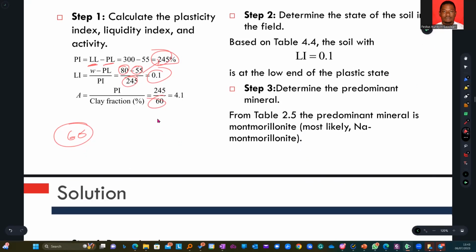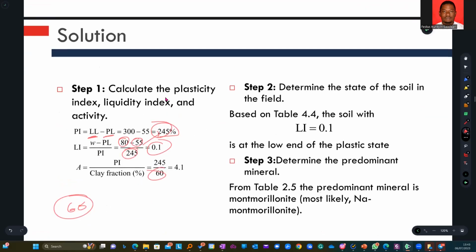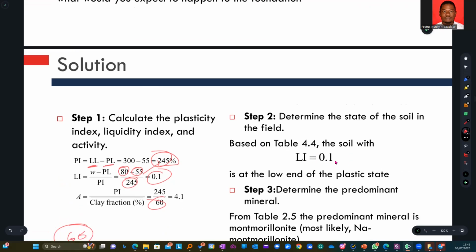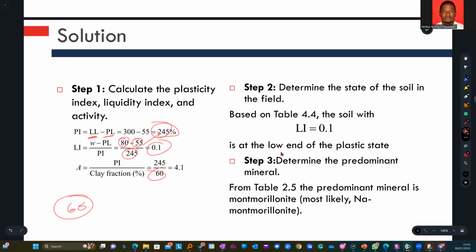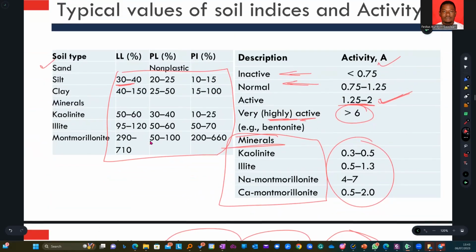So with that given sample, determine the state of the soil in the field. They said we should use table 4.4.